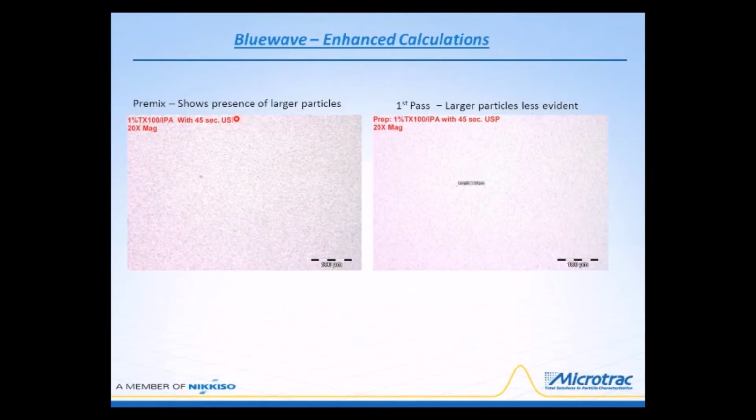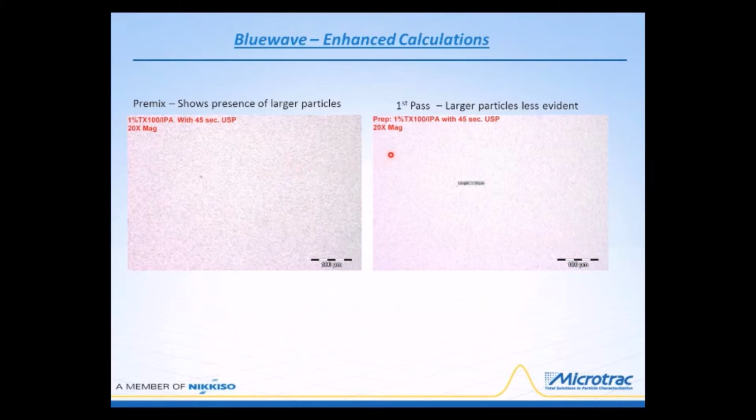Well, with this microscopic photograph, we treated the sample for 45 seconds with ultrasonic energy, and this is what's called a premix. And you can see there are larger particles still present in the sample, but everything seems to be pretty well dispersed in general.